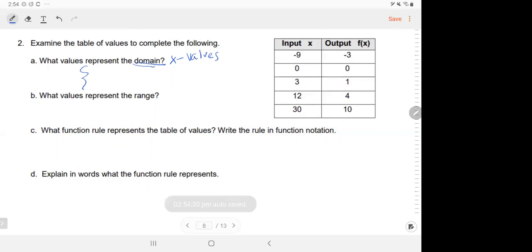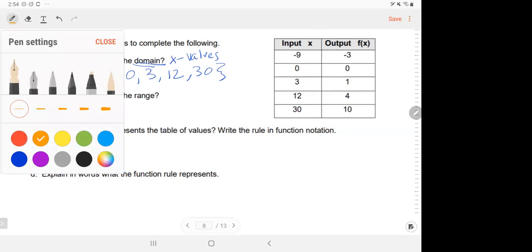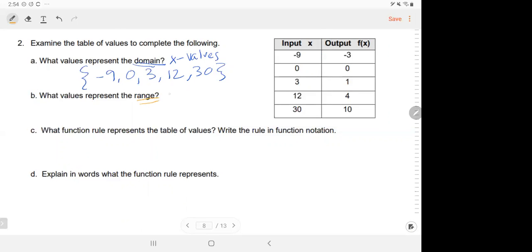So here I'm going to write -9, 0, 3, 12, and 30. And for the output or the range, it is talking about the y values, also called the output or f of x. So here it would be -3, 0, 1, 4, and 10.